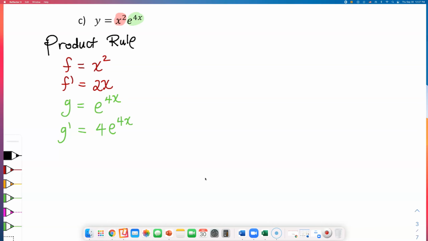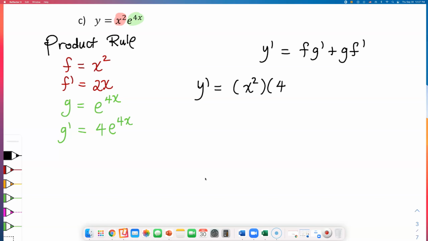So let's do the product rule. Y prime is fg prime plus gf prime. So let's plug in all these pieces. Y prime is f first, x squared times, let me go ahead and put all of these in parentheses. X squared times 4 times e to the 4x.